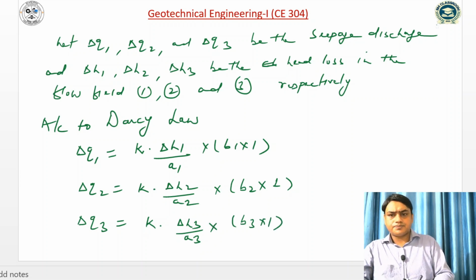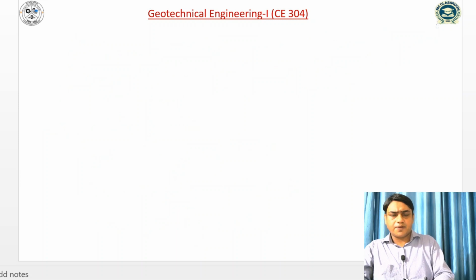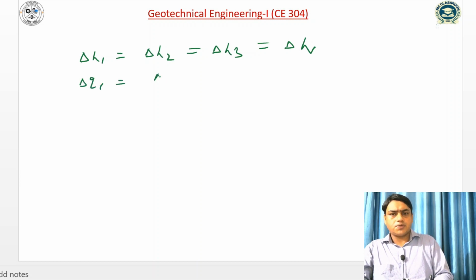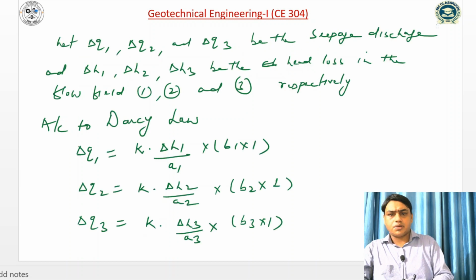Here, in the different flow fields, delta H1 is equal to delta H2 is equal to delta H3 is equal to delta H, and delta Q1 is equal to delta Q2 is equal to delta Q3 is equal to delta Q. And because of the shape of the flow field, B1 by A1 is equal to B2 by A2.